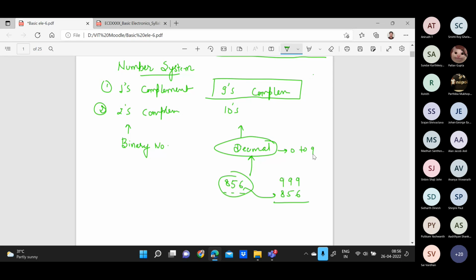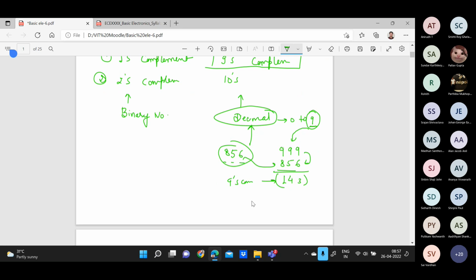The largest digit is 9, so we subtract the number from the maximum digit, 9. So we are subtracting 856 from 999, right? 9 minus 6, what will you get? 3. After this, tell me. Anyone? 1, 4, 4 will be your nines complement.